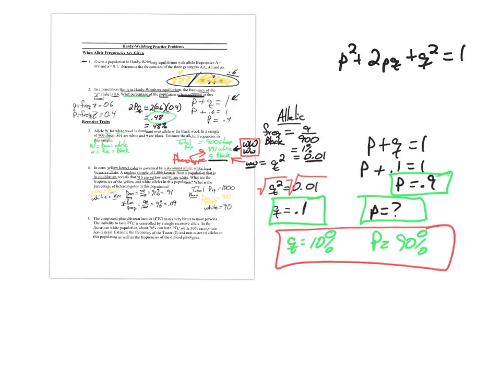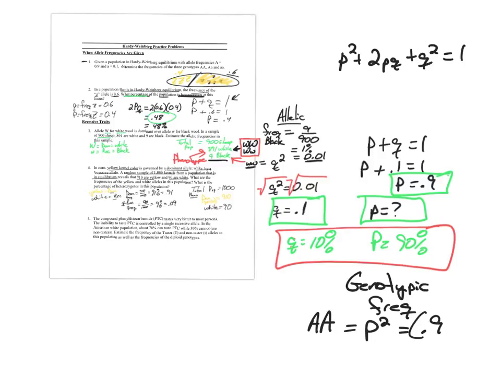And so if we want our genotypic frequencies, how many big A's you have, how many homozygous dominant, then you'd use P squared, which is equal to what? 0.9. We use the decimal form, not the percentage. 0.9 squared, right? And you can do the math on that.